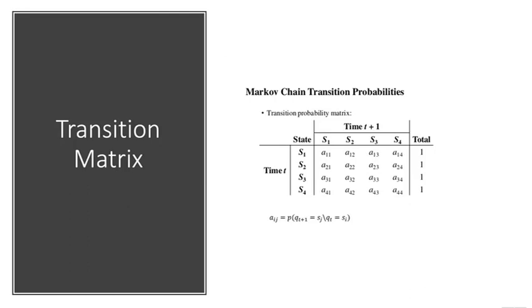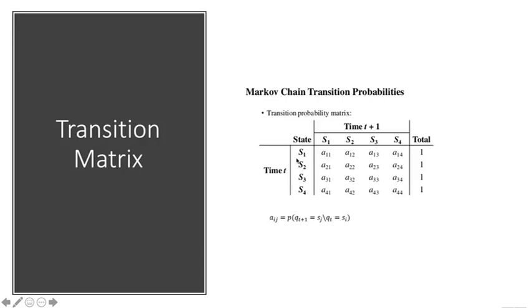So this is one example for illustration about the transition matrix. Let's say we are now at time t, and the states we have are S1, S2, S3, and S4. Let's imagine these are maybe rain, dry, summer, and winter, for example.